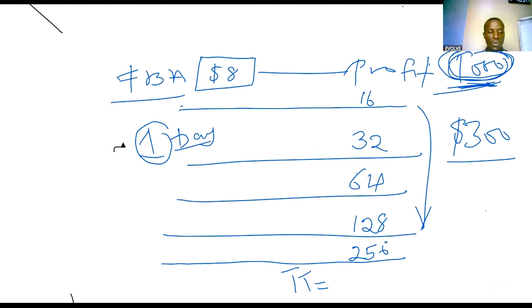Total capital is going to be $504 in this particular coin. And you are going to buy margin call 1, margin call 2, margin call 3, margin call 4, margin call 5. So you buy 5 margin calls.